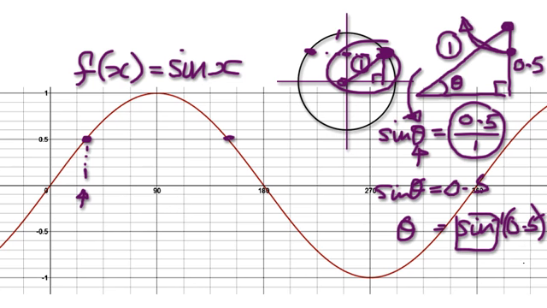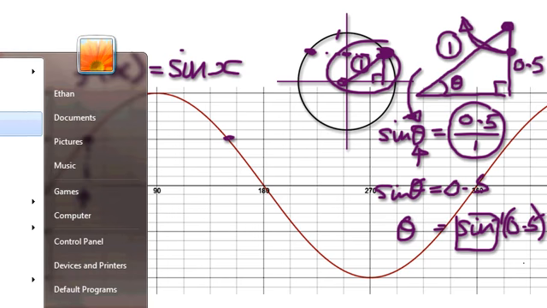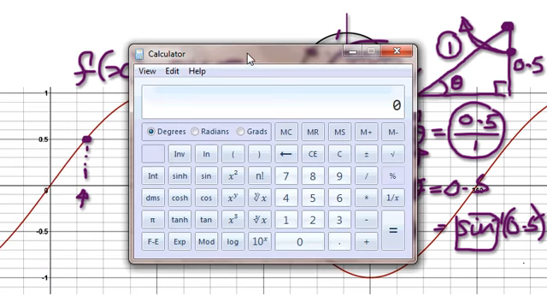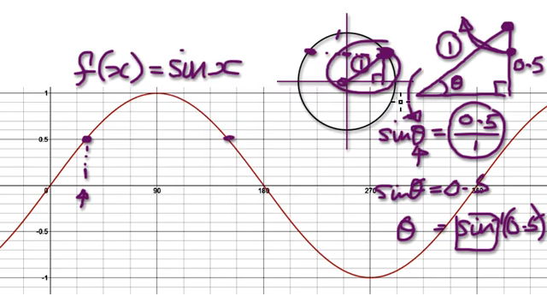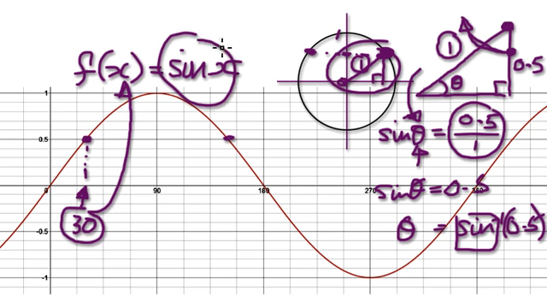Every calculator is different, but on this one here, I would punch in 0.5, and then I would press inverse and then sine. So the answer is 30. When you put 30 into this thing here, the overall thing will be 0.5.